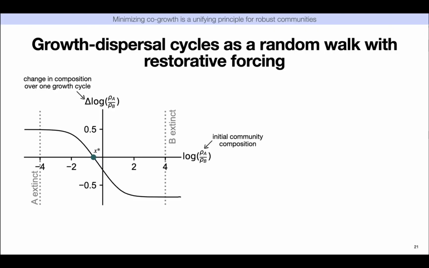And here, you may have seen this in other sorts of dynamical systems analysis, but the point at which it crosses the x-axis is going to be our stable composition. Points to the left of that will be forced back in the positive direction because you can see that the change is positive. Points to the right of that will be forced back in the negative direction because the change is negative.